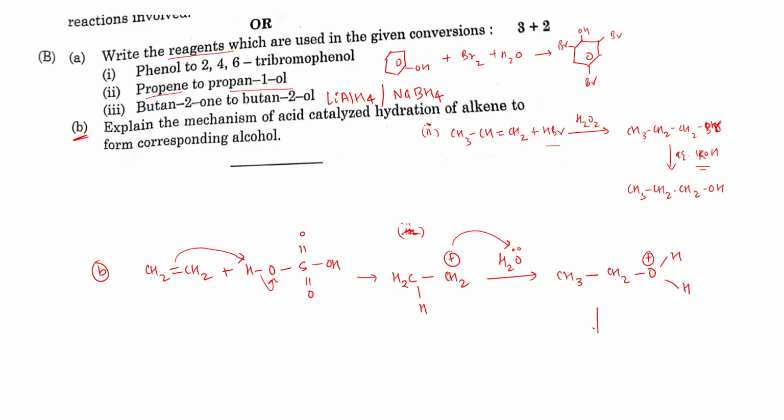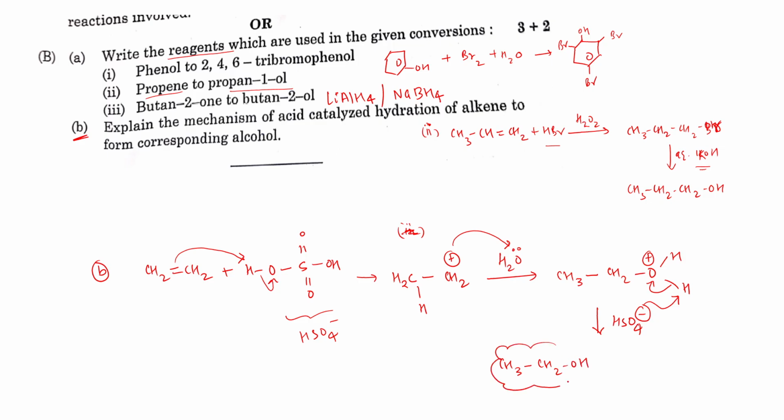In the next step, the HSO4 minus, which was eliminated earlier, will come again and abstract one hydrogen from here, and then this bond will shift to this side and we get the product CH3CH2OH.